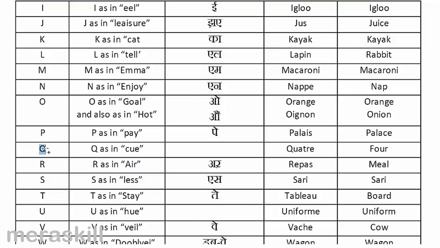Q becomes Q. Say that again. Q. It's a flat sound coming from the back of your throat. No movement with your tongue and just a small puff of air. Q. So it's just Q.